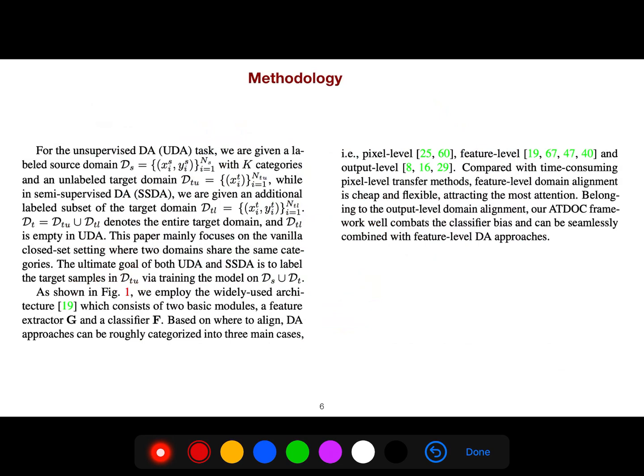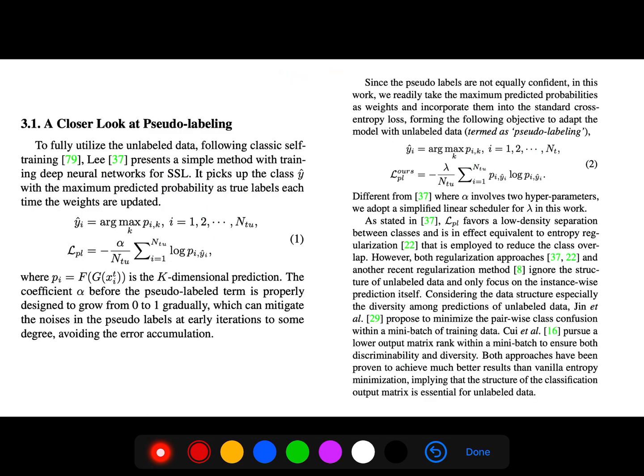So for unsupervised domain adaptation, we are given a labeled source domain D_S with K categories, and an unlabeled dataset T for the target. But since it is semi-supervised, we have some labeled data for the target as well.